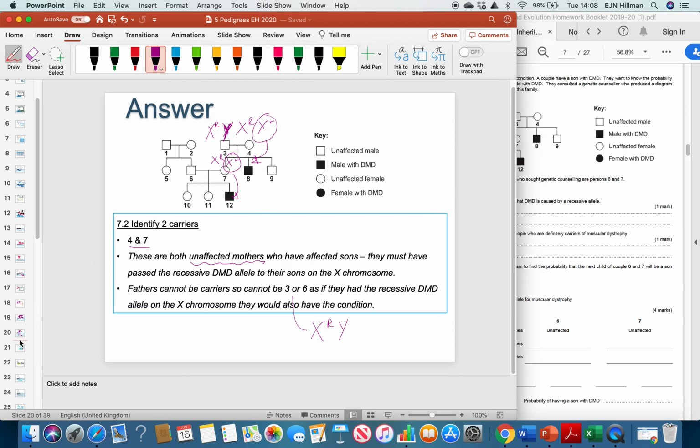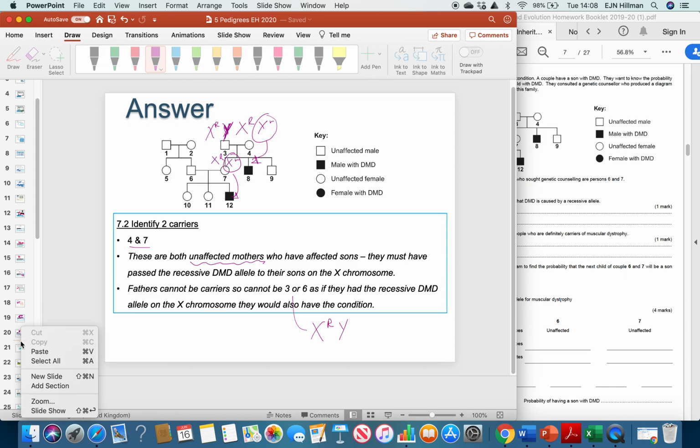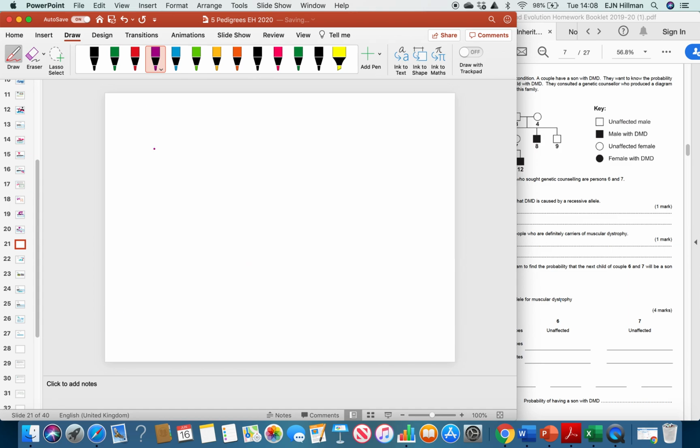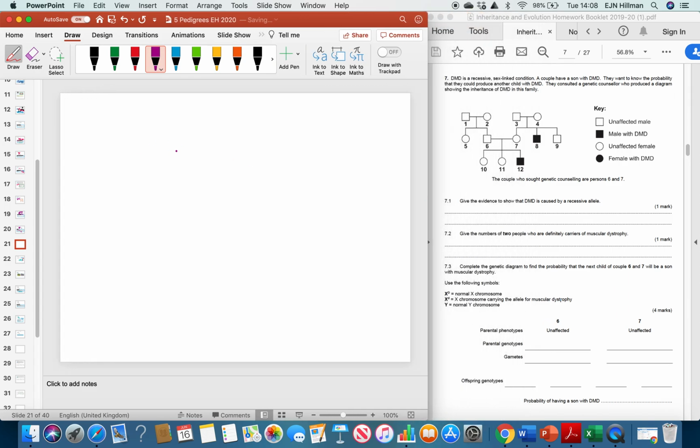Okay, so I'm just going to add a new slide in here. So number 7, the female, and number 6, the male. Number 7 is a carrier, so she has 1 dominant and 1 recessive allele.